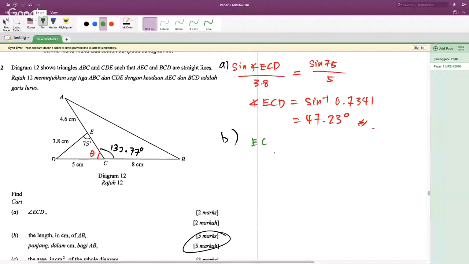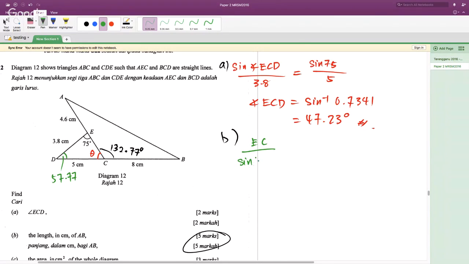In order to find the length of EC, we have to find this angle. This angle is just 180 minus both of these: 180 minus 75 minus 47.23. This angle is 57.77. Then I use the sine rule to find EC.